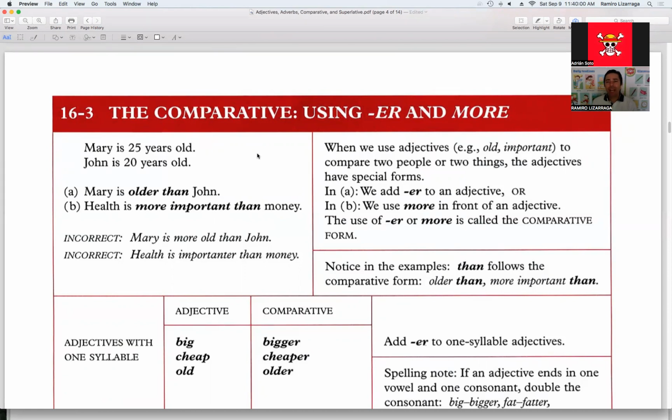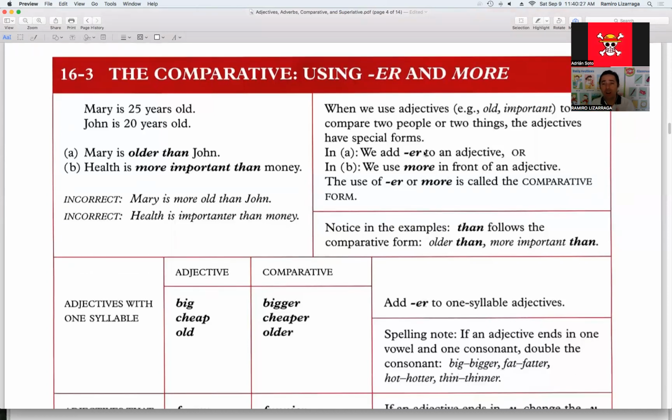Anytime that we have to compare two people or two things, we need to use the adjective with a special form. We have to use er, or we have to use more, at the end of the adjective.